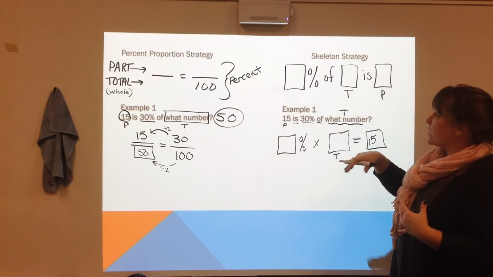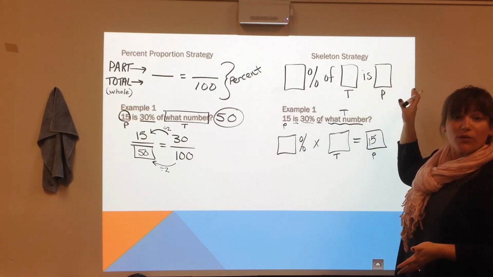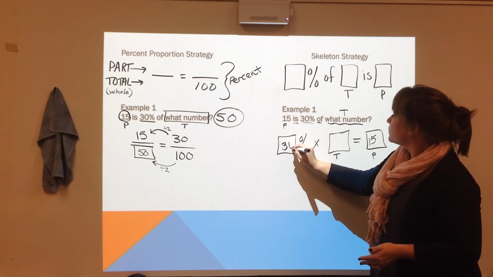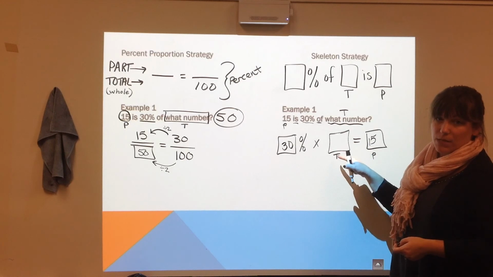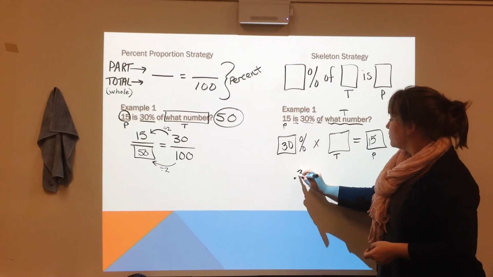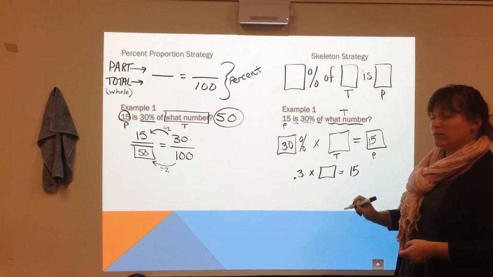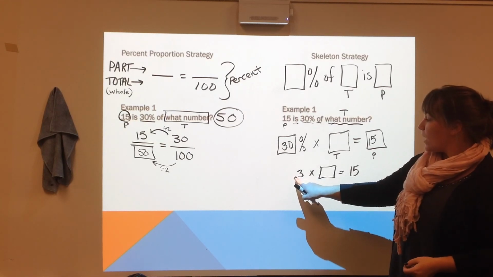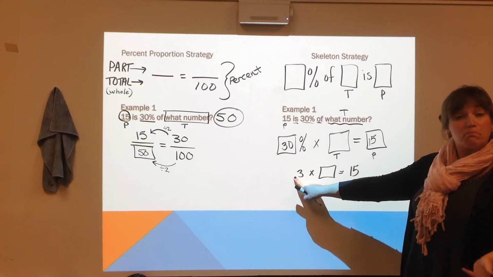In the previous lesson, like I said, we were given the percent, we were given the total, and we just had to multiply. Now, we're given the percent, we're given the part, and now we got to find this missing piece. So, this is still a decimal, times something has to be 15. So, in any other world, if this was not a decimal, what times 3 is 15? 5.